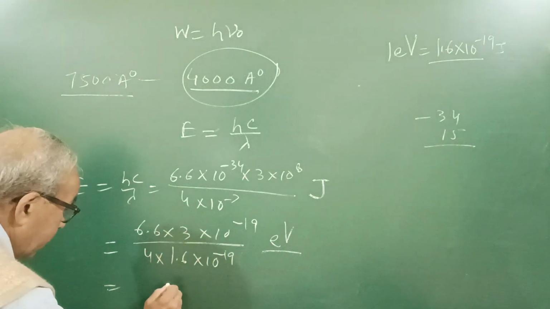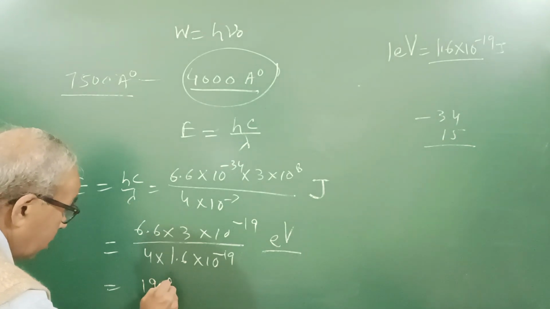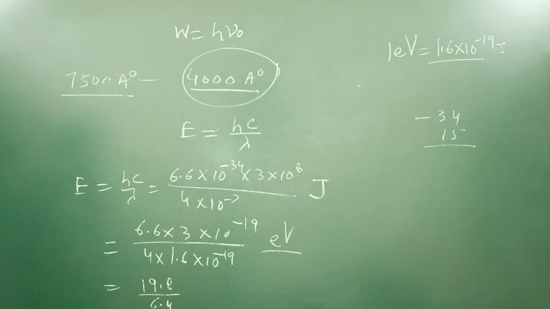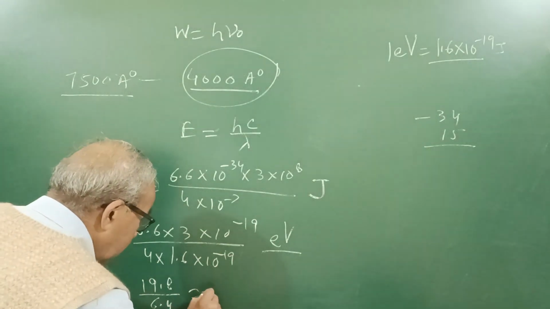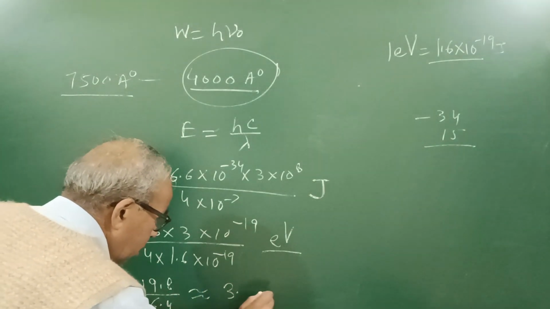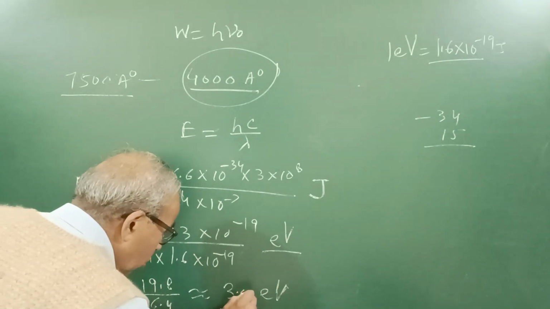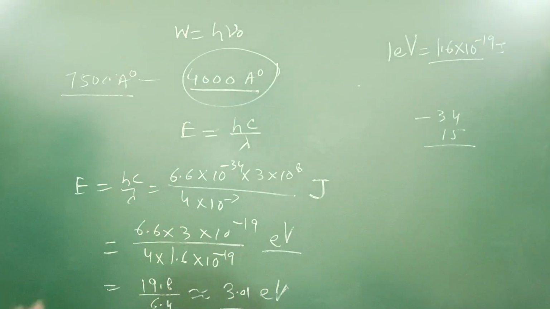It is 6.63 into 3 is about 18, 18 upon 6.4. If we divide this, it comes out nearly 3 point something electron volt, about 3.01 electron volt.